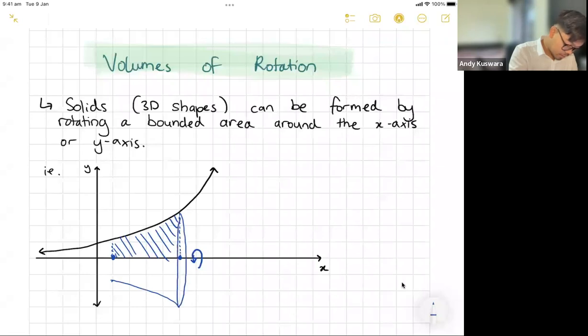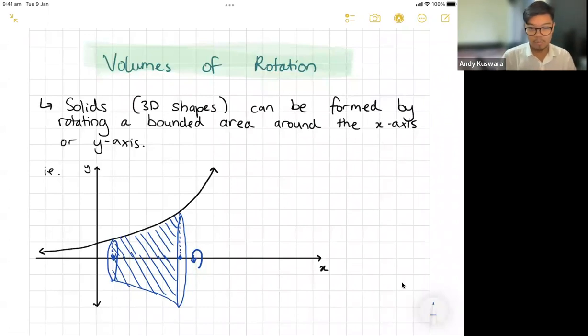It's kind of going to look a little bit like this. And you can see how we've created this solid by rotating it around the x-axis, and it makes a 3D shape that has a volume. Okay, that's what we're going to learn how to find. Hopefully that diagram makes it clear enough to understand. If not, sorry, can't help teach a 3D concept in a 2D space.